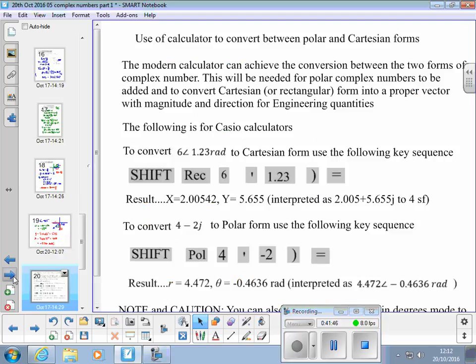Use the calculator to convert between polar and Cartesian forms. Now, I only know how to do this with Casio, so hopefully you've all got Casios. Make sure your calculator is in degrees mode.